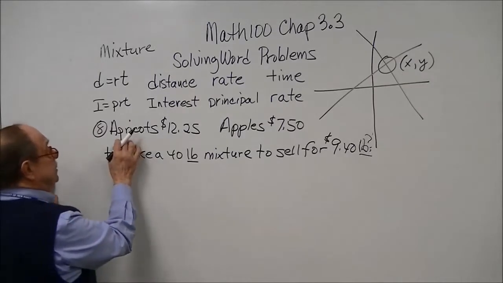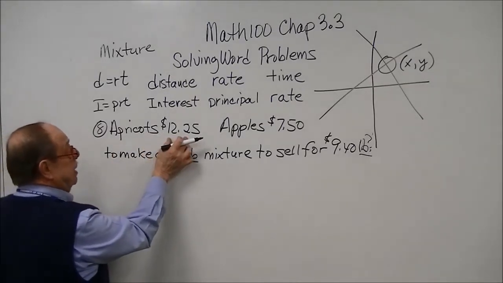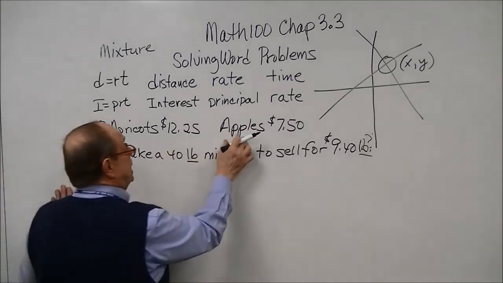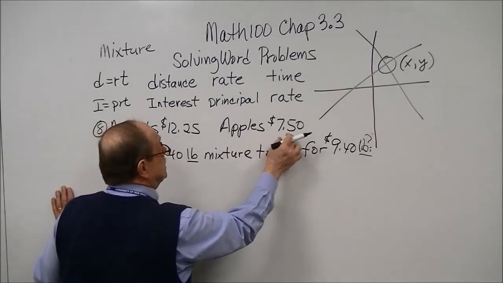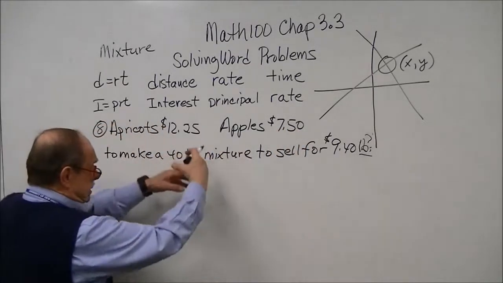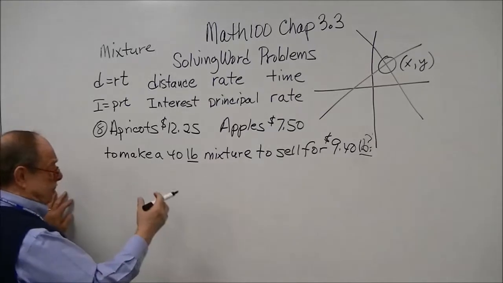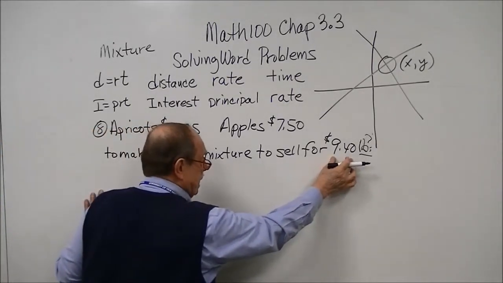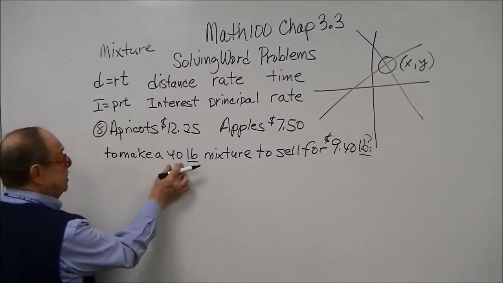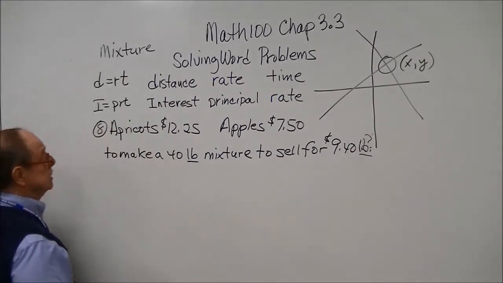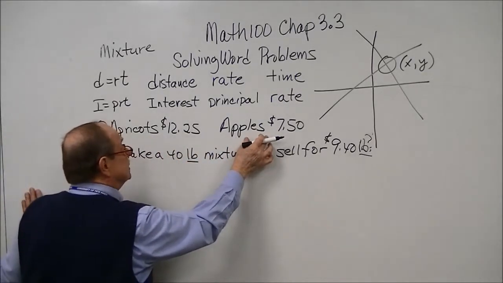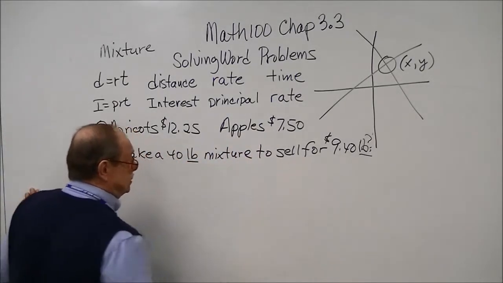So here we have dried apricots that are $12.25 a pound, dried apples that are $7.50 a pound, and you want to mix them together to end up with a mixture that sells for $9.40 a pound. And you want to make 40 pounds of it all together. So how many pounds of apricots, how many pounds of apples to get this mixture?